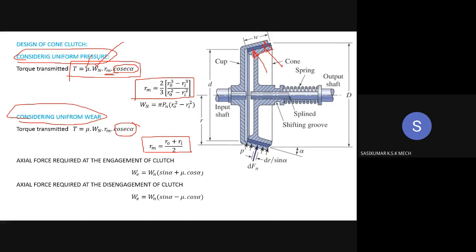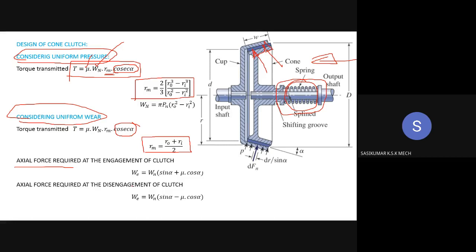Okay, and for this cone clutch, you need an axial force. The axial force will be applied like this. You should apply axial force to engage the clutch as well as to disengage the clutch. In the case of clutch, the initial engagement will be done by means of the spring force, I think. When you press a pedal, these springs are getting compressed, and you have clearance between the friction surface and the contact material, so that it releases.